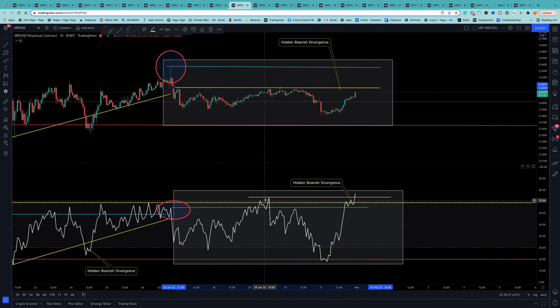So look, it was here and it's gone higher. But now look, price action is here. Goes all the way down. When it comes back up here, look how low price action is compared to here. This price action is lower. But look, here's the RSI here. Price action is lower, but the RSI here is higher.